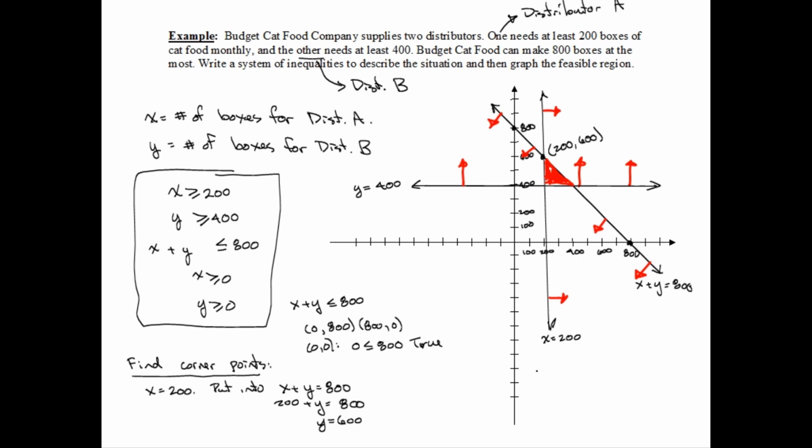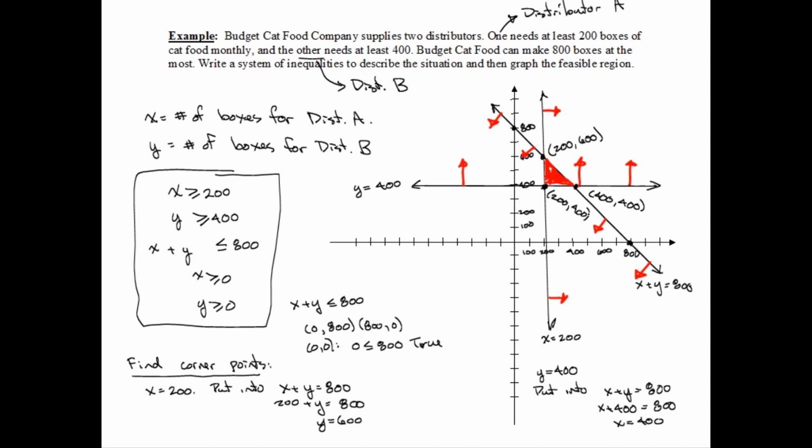Okay, if I do y equals 400 and I put that one into x plus y equals 800, what do I get? I get an x of 400. So this point right here is 400, 400. We should already know this one. If we just look carefully, we know this one, my x is 200 and my y is 400.